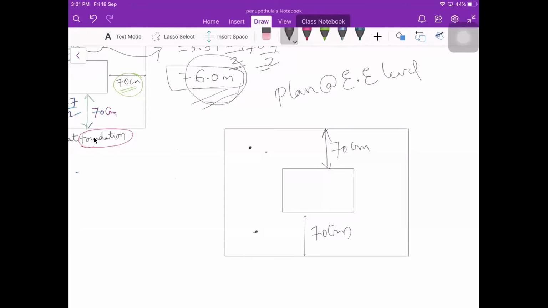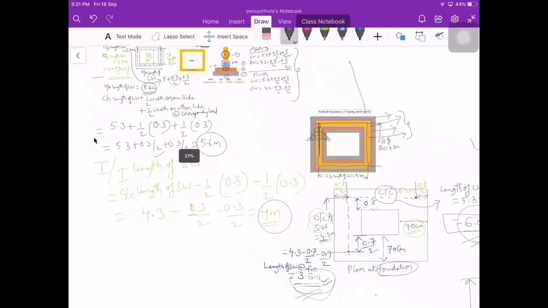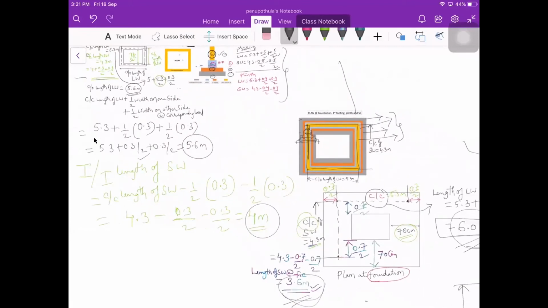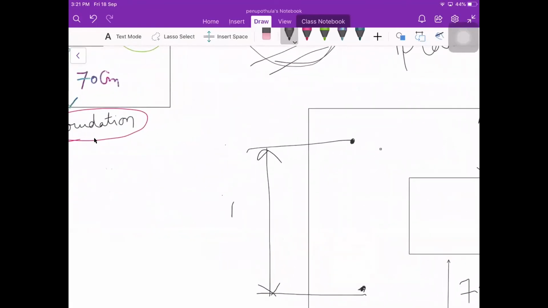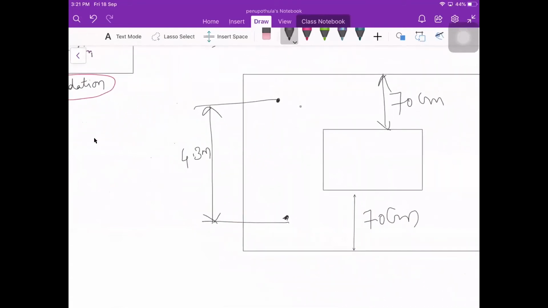Okay, so the center to center line length of short wall. We have already determined from the problem that the center to center line length of short wall is obtained as 4.3 meters. Okay, so this is center to center, not in to in length.